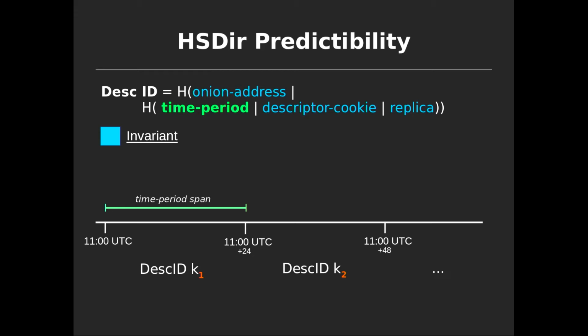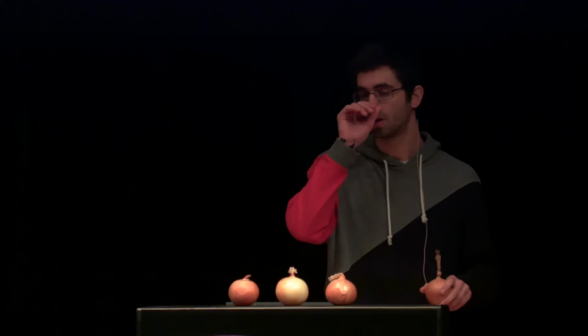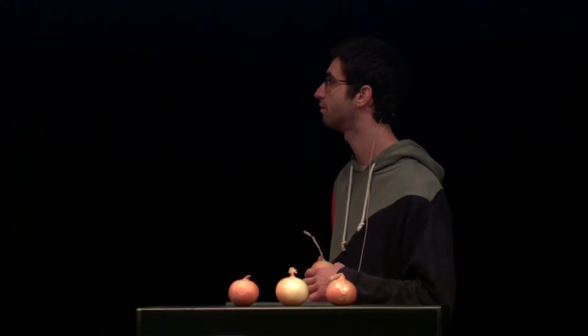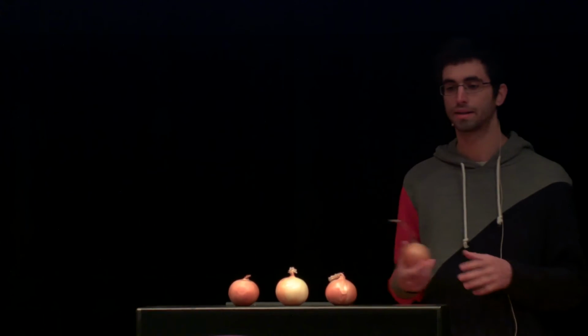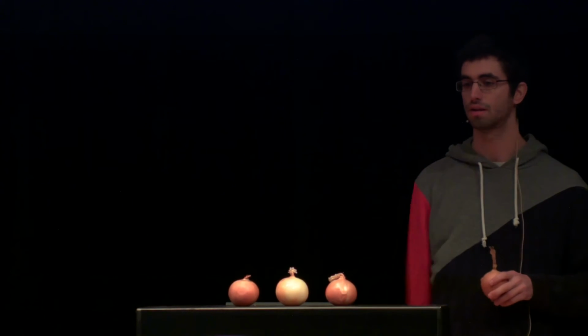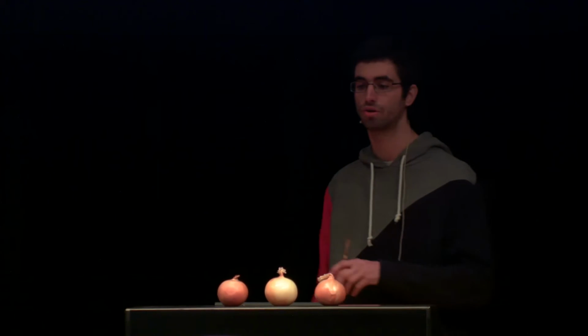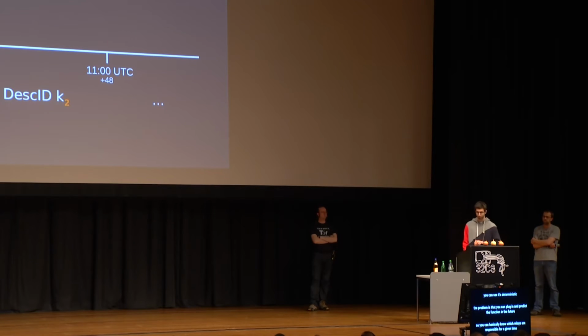But the problem is that because it's deterministic, you can plug in the Onion address you want and a time period in the future, and you can predict the result of that function in like 2 months from now. So you can know which relays will be responsible for a hidden service in 2 months. And if you're a bad guy, maybe you will inject yourself into that place, and you will become the HSDIR of a hidden service. And then you can monitor its activity, or you can do DOS attacks. So this is not something we like, and we will attempt to fix it.